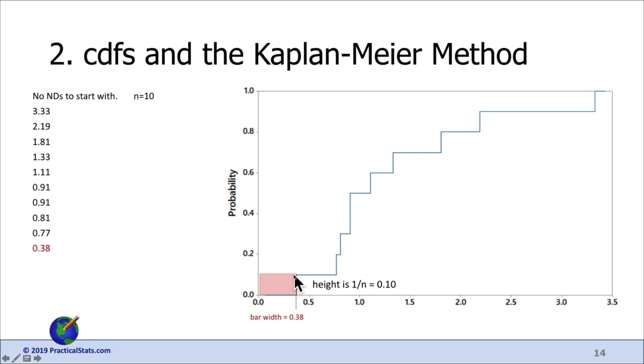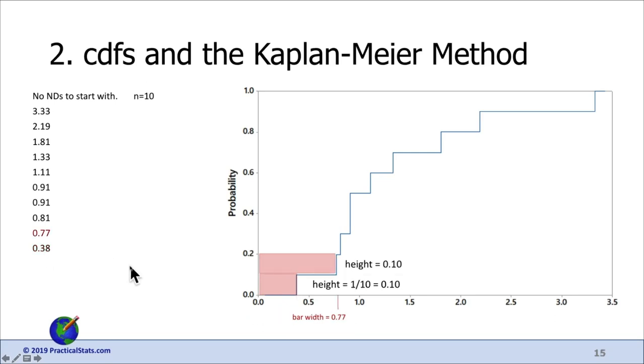How far does it jump up? It's the weight that that observation has when you're thinking about computing a mean, the weight of the observation. And so each of these observations have an equal weight. There's 10 of them, so its height is going to be 1/10. So this jumps up to holding 10% of the area, if you think of this rectangle here that has a color as the area representing that value of 0.38.